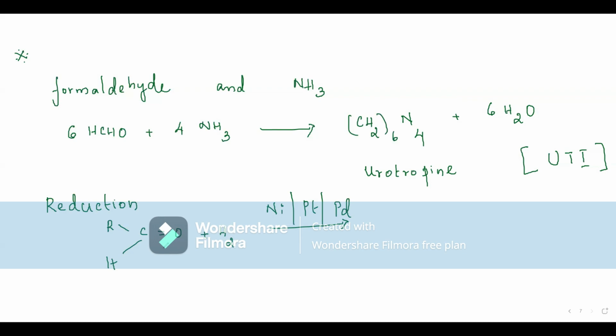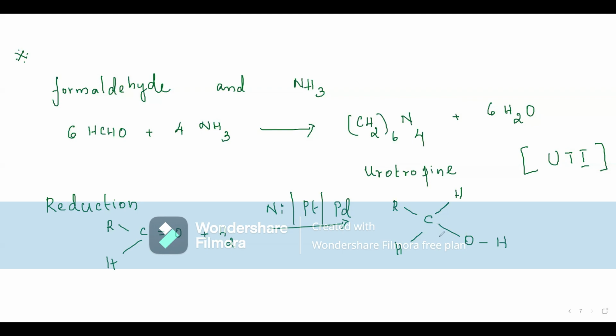What do I mean by across the double bond? One of these hydrogens will be moving towards carbon and the other one onto oxygen. So you have RCH, this H will have one of the hydrogens, and the other hydrogen will be moving onto oxygen.